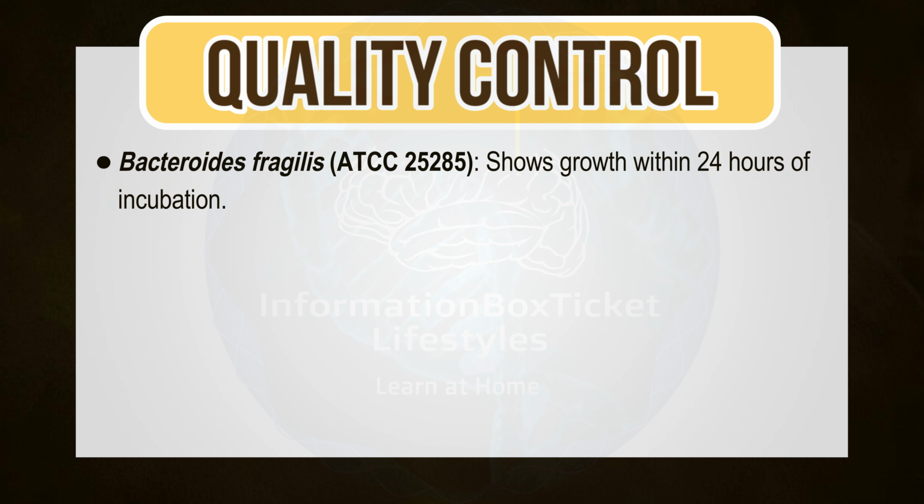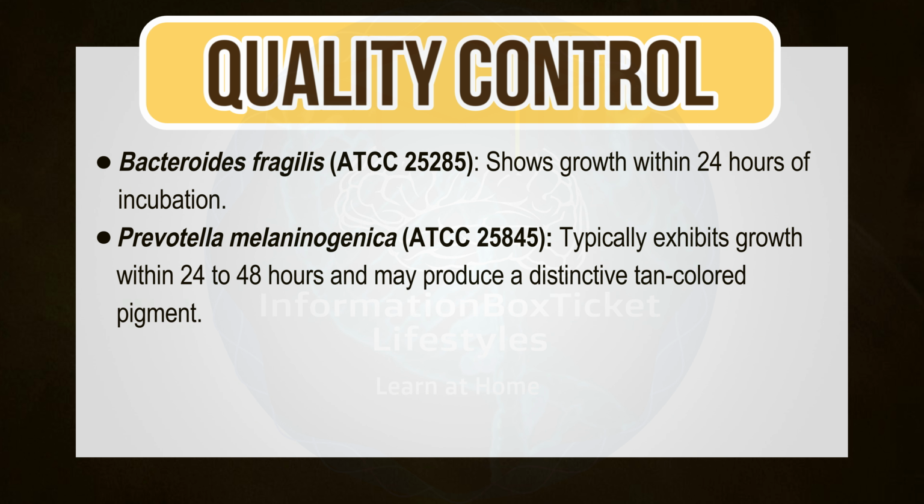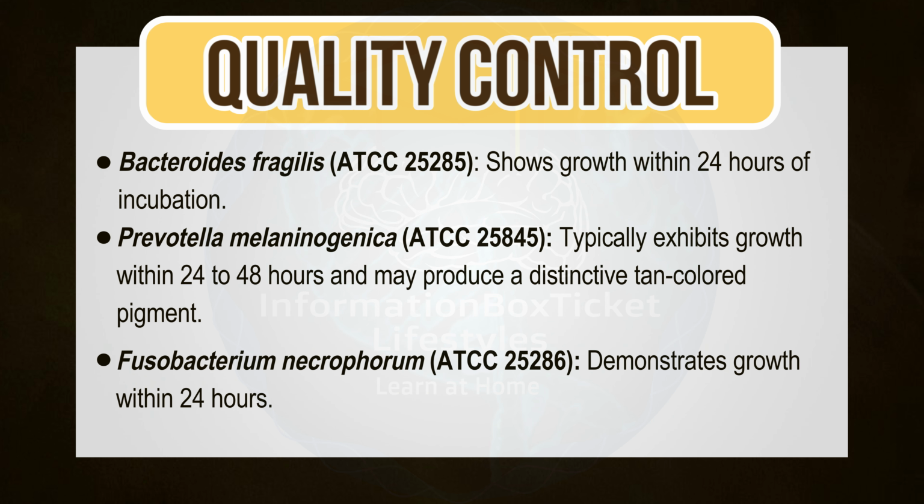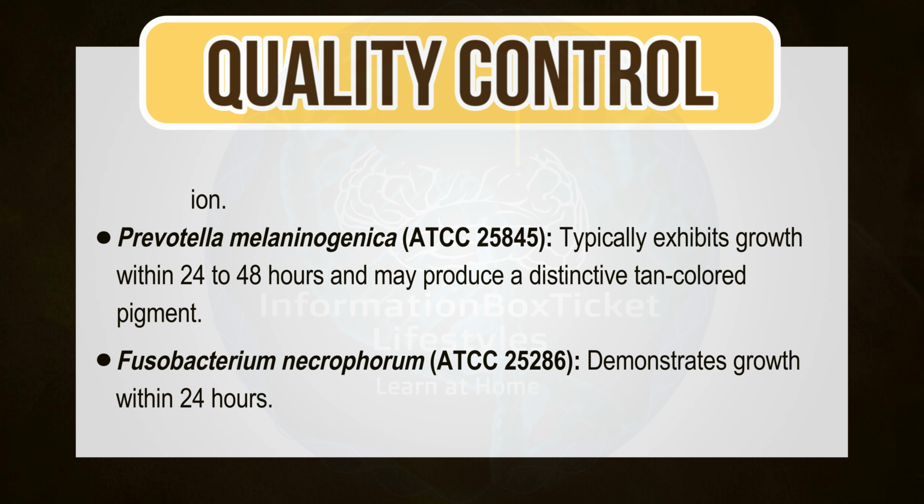Bacteroides fragilis, ATCC 25285, shows growth within 24 hours of incubation. Prevotella melaninogenica, ATCC 25845, typically exhibits growth within 24 to 48 hours and may produce a distinctive tan-colored pigment. Fusobacterium necrophorum, ATCC 25286, demonstrates growth within 24 hours.